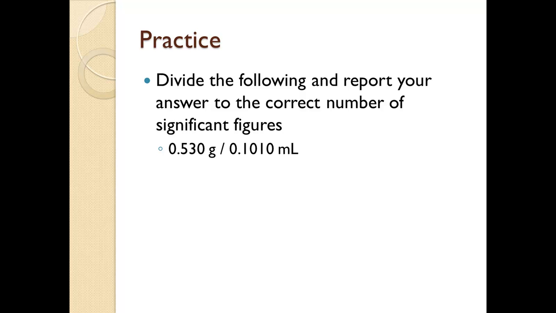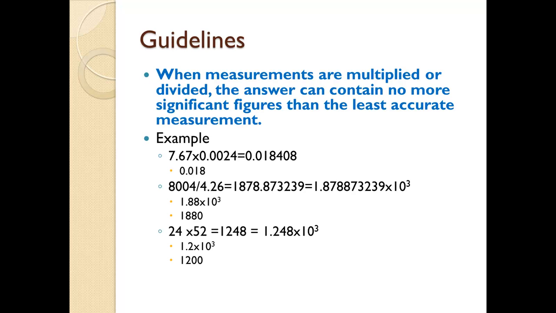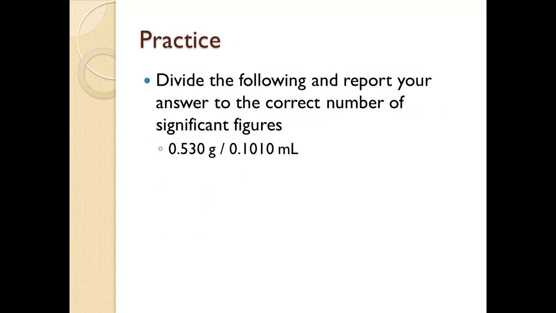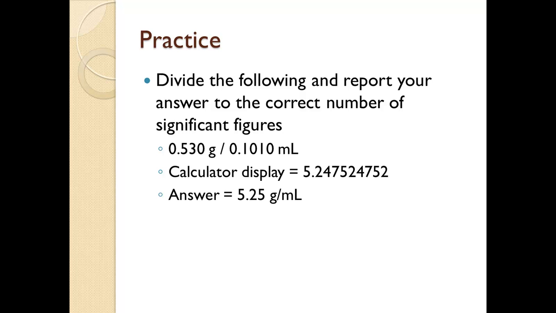The denominator has 4 significant figures, but I go back to my guideline where my final answer should contain no more significant figures than the least accurate measurement, which is my numerator. My calculator is going to display this number, but I know that I need to have 3 significant figures, so it's going to be 5.25. That 4 got rounded up because the 7 is 5 or greater.